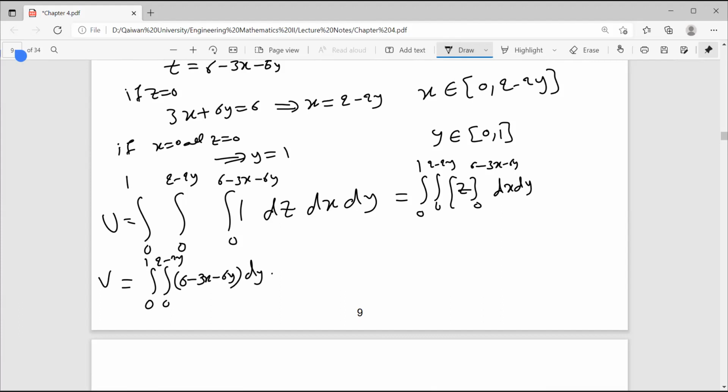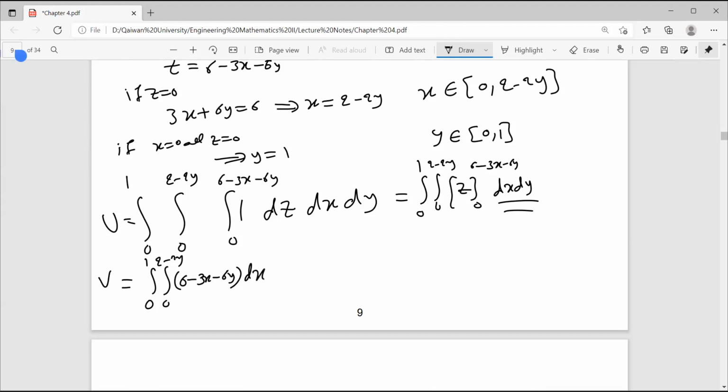We take the integration with respect to y. Sorry, it should be dx and then dy, because we must do that in the same order which we have written down.